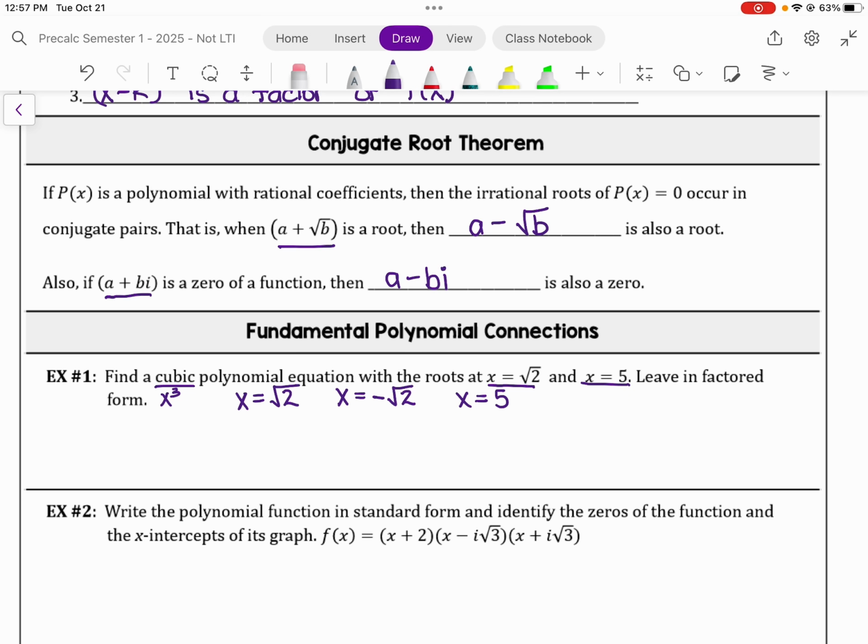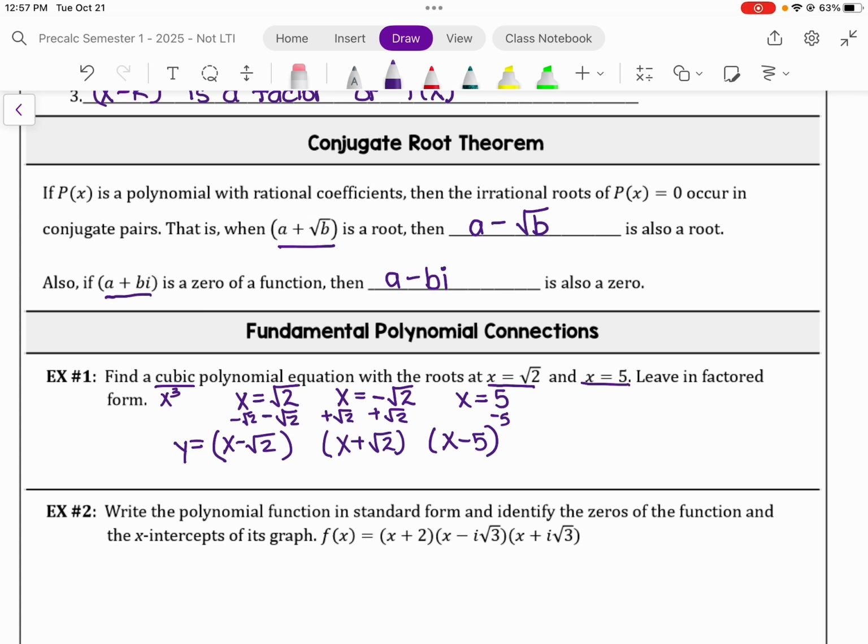To find the factored form, we set each of those equal to 0. So I would subtract square root of 2 for factor number 1. I would add square root of 2 for factor number 2. And then I would subtract 5 for factor number 3. So this is left in factored form.